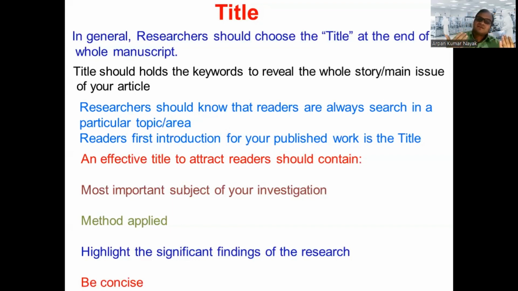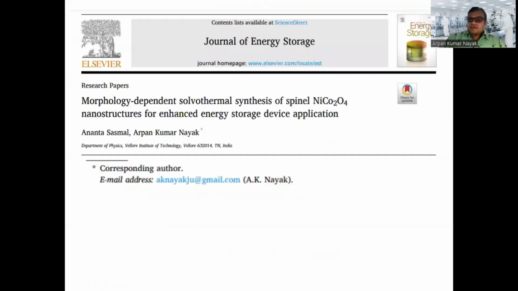So let's see. I will demonstrate to you with an article, how we write the title and how I can explain the title. Here you can see this is a recently published article with my student.